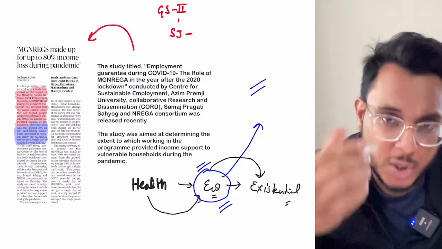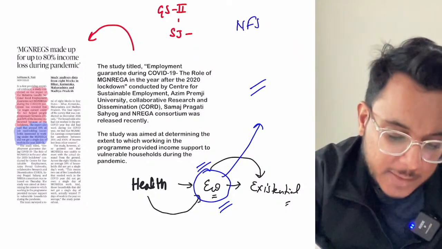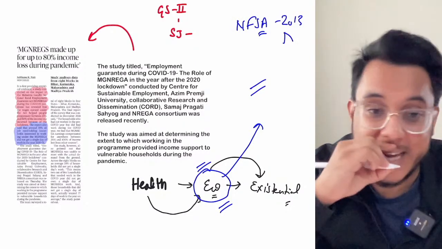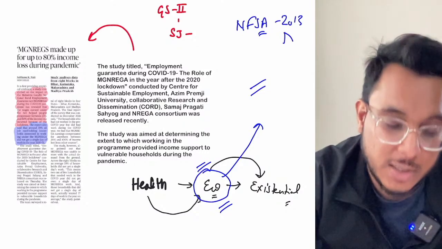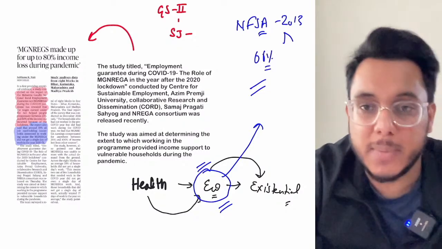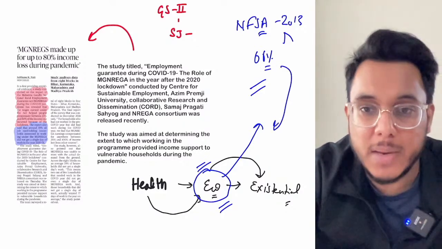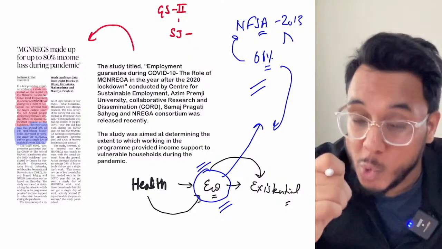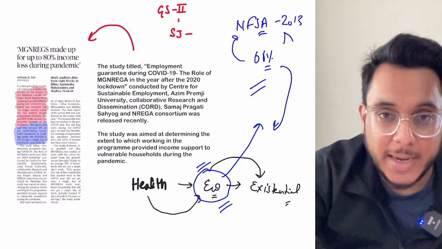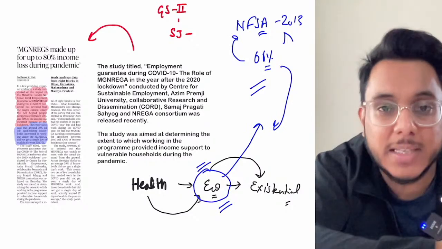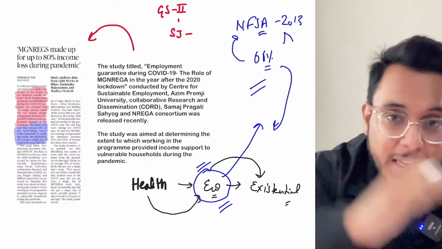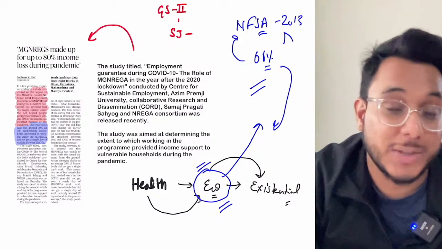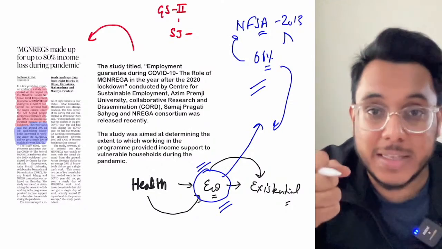Now, the National Food Security Act of 2013 promises subsidized food grains to 66% of the people of the country, and many of these migrant people can get the subsidized food grain, but you need to have a ration card. Many of the migrants coming from one state to another state have the ration card of their home state. Now the home state ration cards are not acceptable in other states, so they knew that they would not even be having food support.